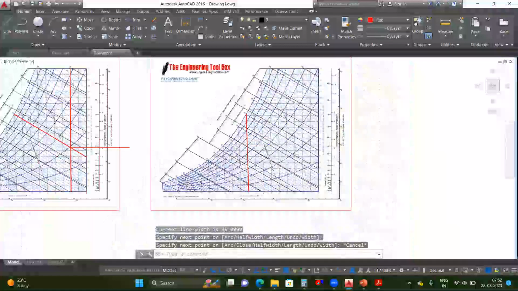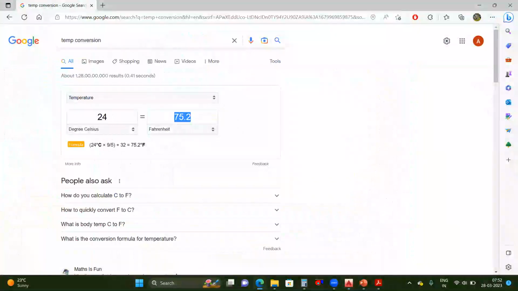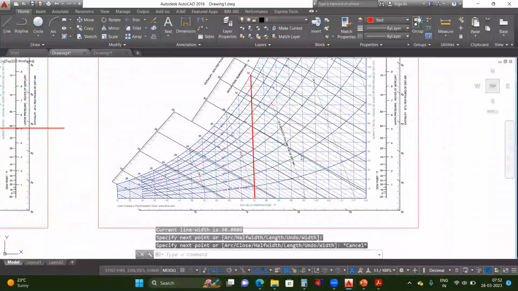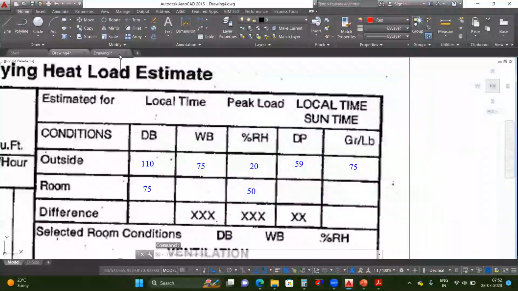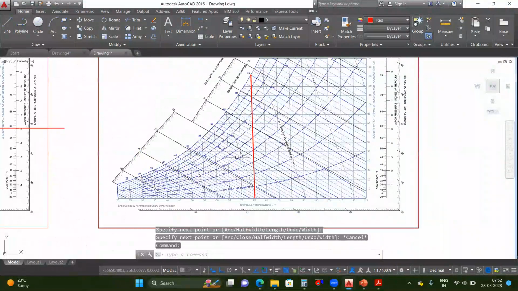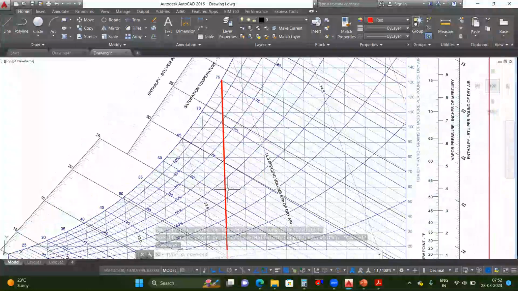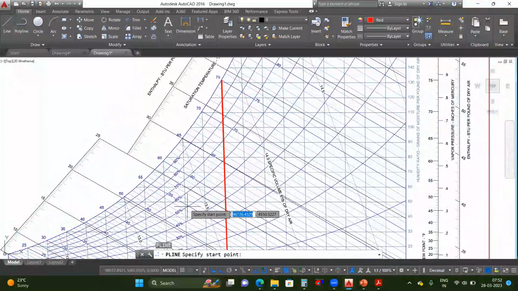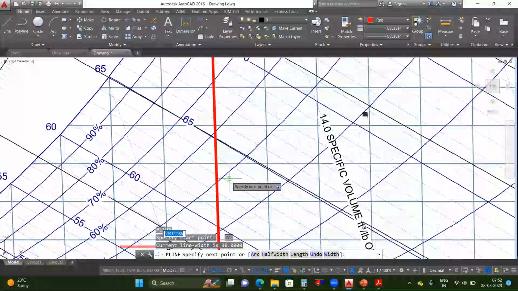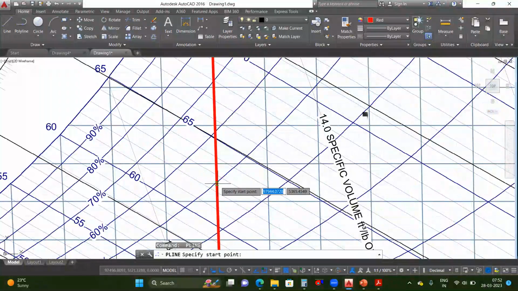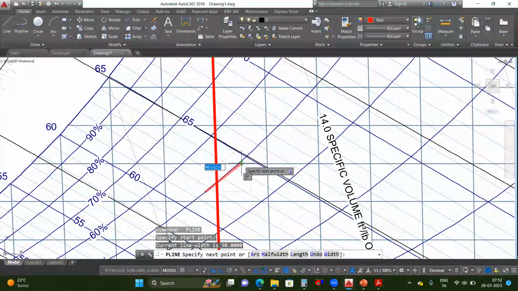And what is the RH here? RH is 50%. So where is the 50% RH line? Here. Okay, I'll mark it here. So this is the curve of the 50% RH.